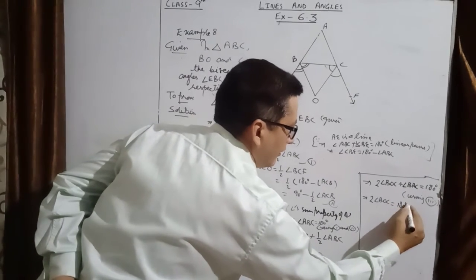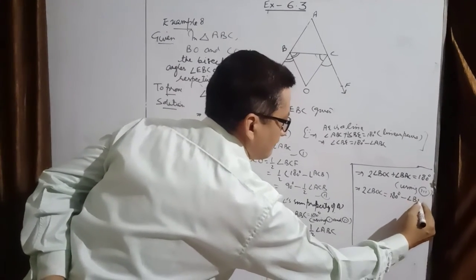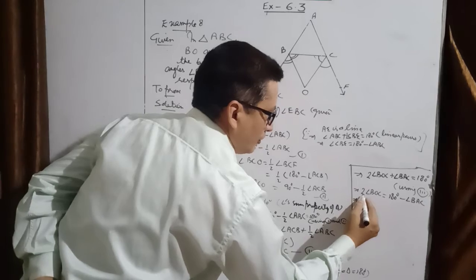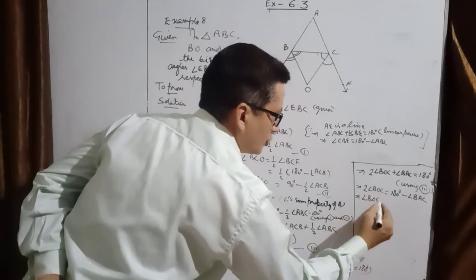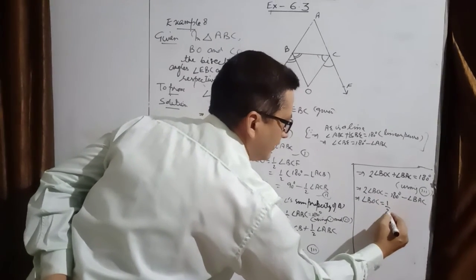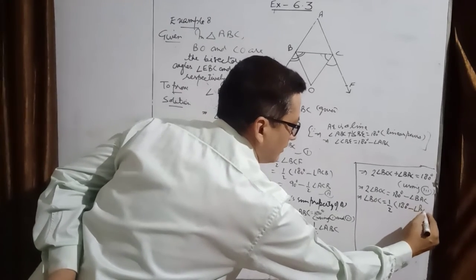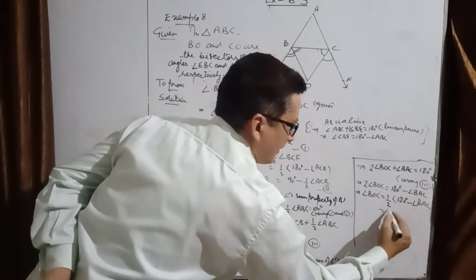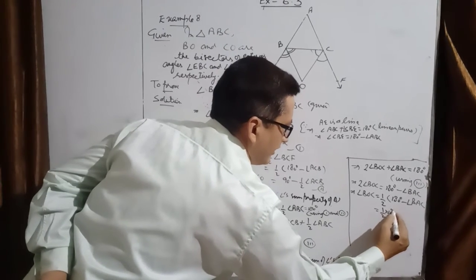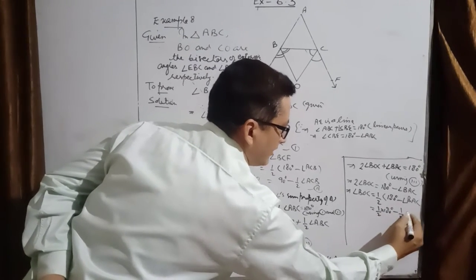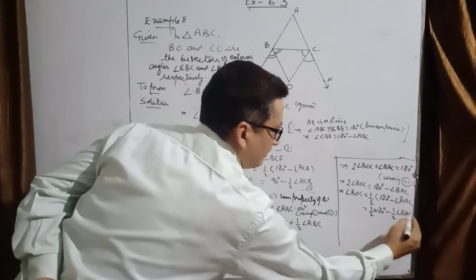What we have? 180 minus angle BAC. Now this 2, when you shift the 2 to that side, it will become divide. So it is half 180 minus angle BAC. When you open the bracket, half of 180 is 90 and it is half of angle BAC.